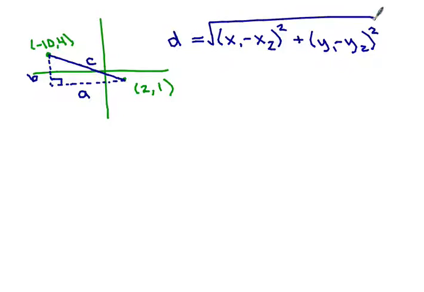Just Pythagorean theorem. So we can plug in these points. We end up with negative 10 minus 2 squared plus 4 minus, that's a negative 1, sorry. Minus a negative 1 is like plus a positive.